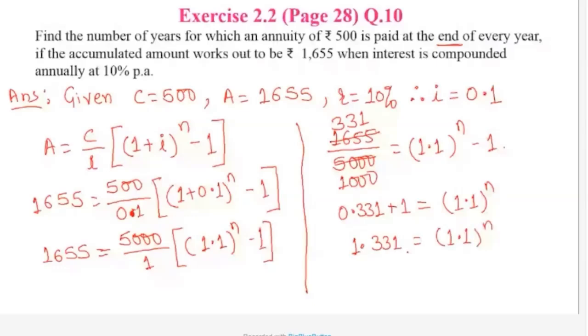Any doubt till this point? Now on the left hand side, 1.331, you'll have to make it similar to the base. 1.1 raised to what is 1.331? For that, you can take help of your textbook also.